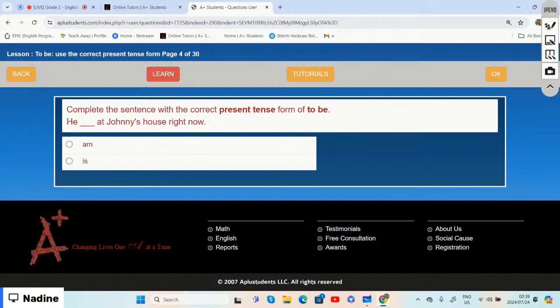All right, so now we're still focusing on present tense to be, and here we're saying he am at Johnny's house right now, or do we say he is at Johnny's house right now? Yes, is this correct? Well done.